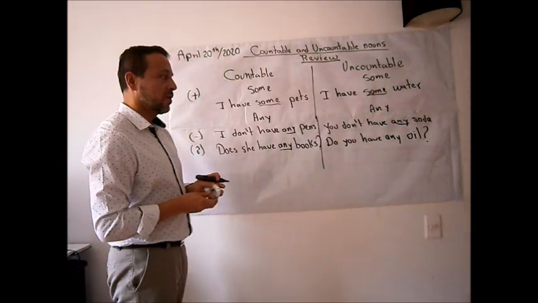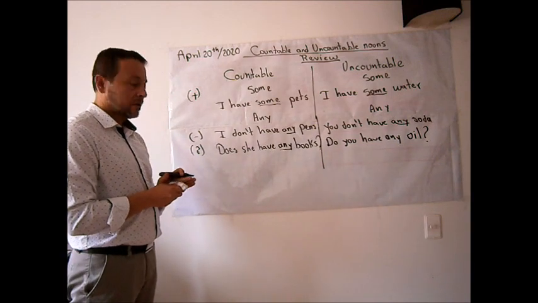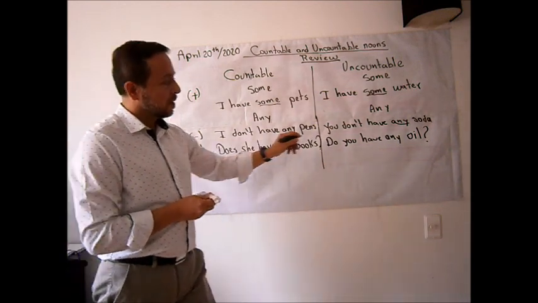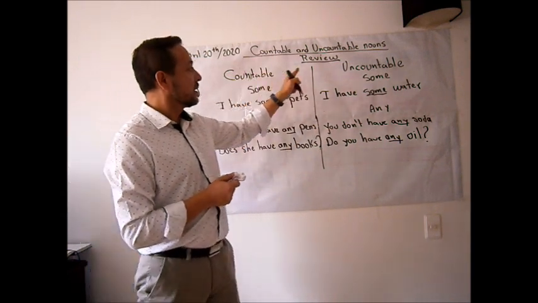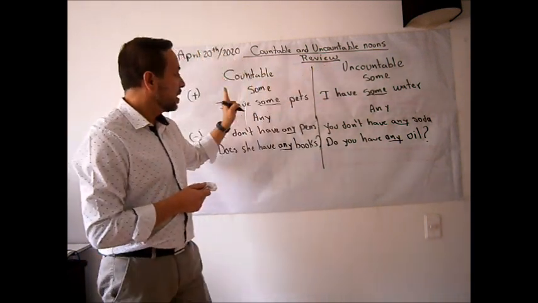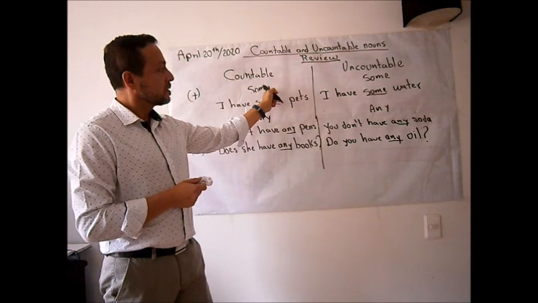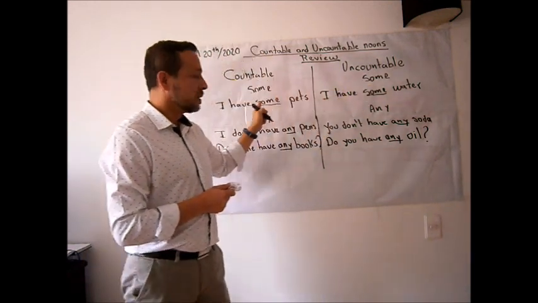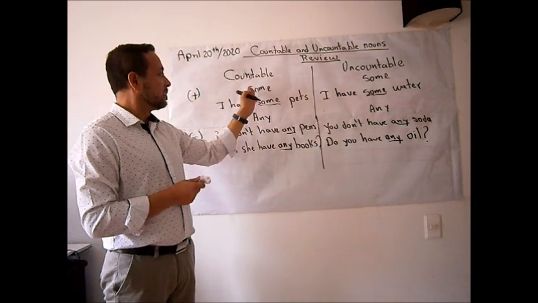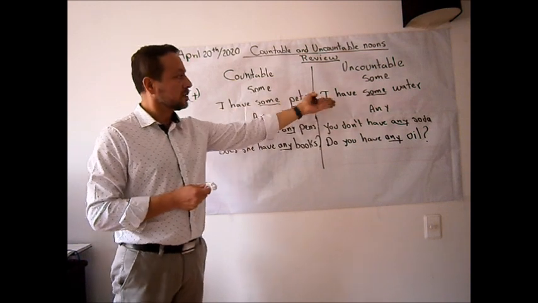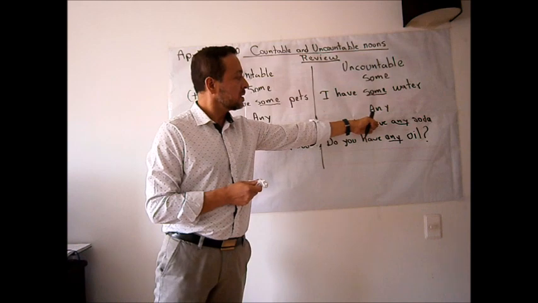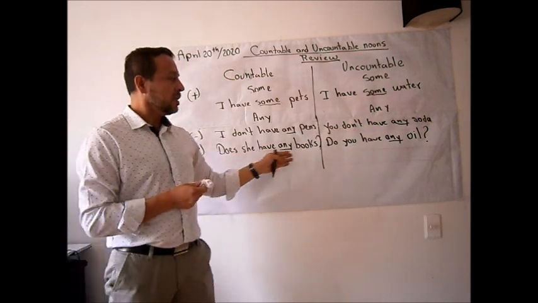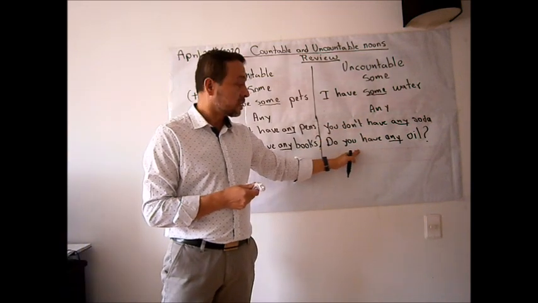Okay, do you have any oil? Remember, so in countable and uncountable nouns, we use these words to do different sentences. Some in affirmative sentences, any in negative sentences, and any in interrogative sentences.